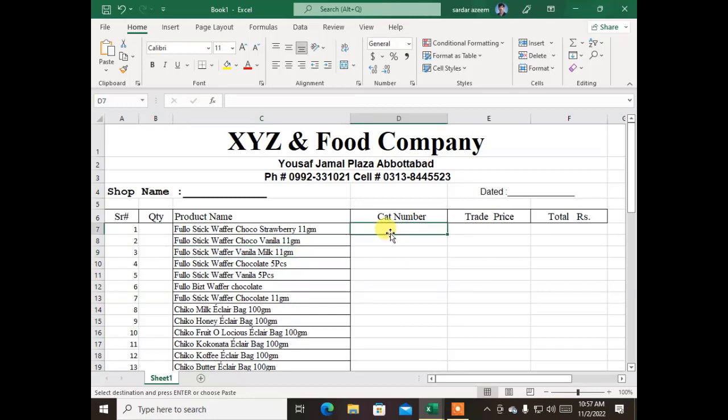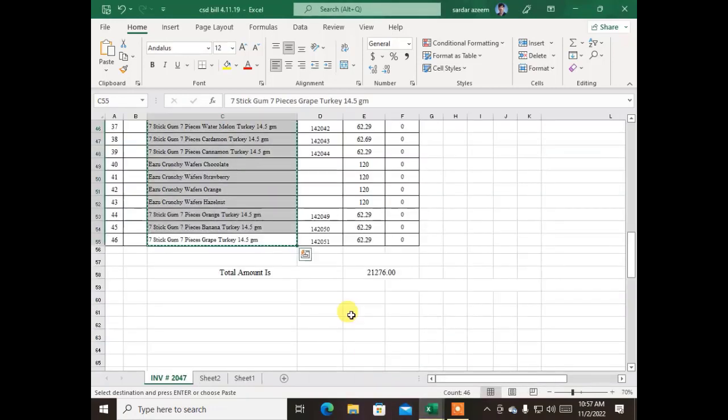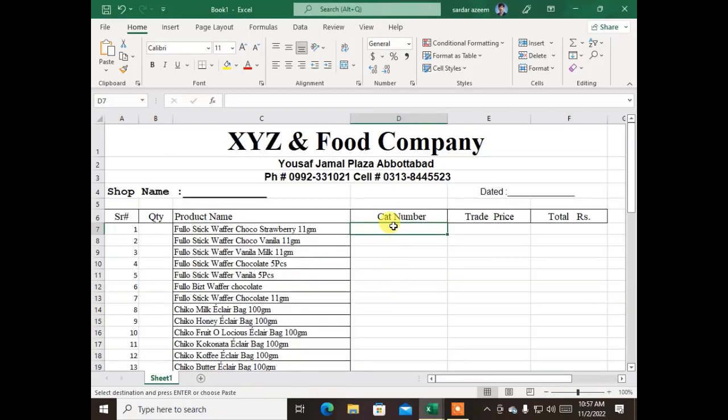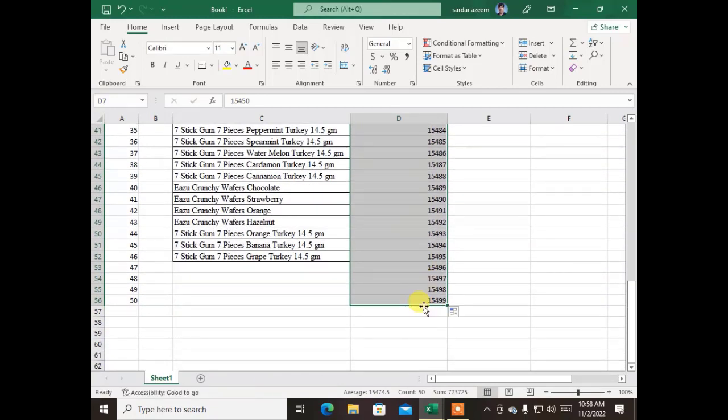Next one is the category number. Category number is provided by the company. For example, here in my example sheet, it starts from 1374 something. We are going to provide it as 15,450, 15,451, and we will categorize the same number to the rest of our products.